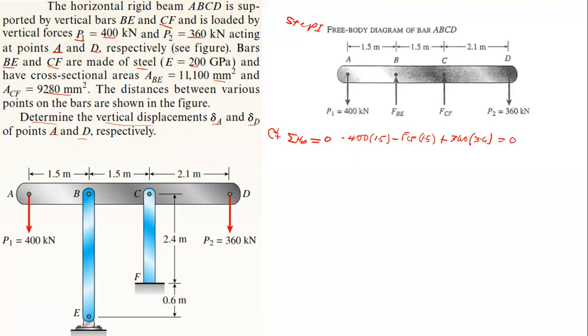Since P2 is 1.5 plus 2.1 meters from point B, that makes it 3.6.